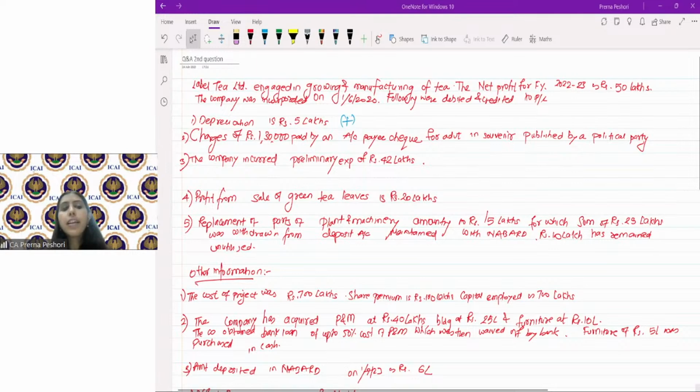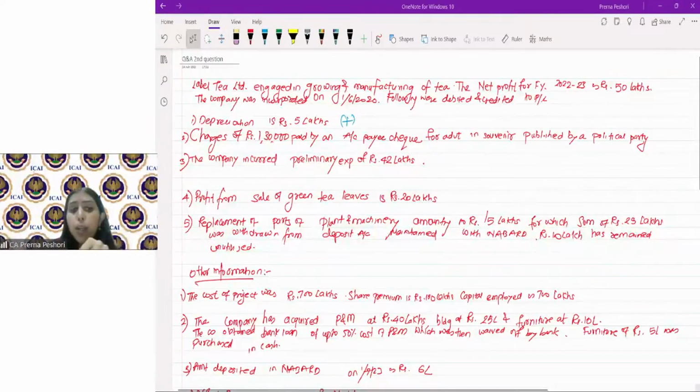So the charges of 1,30,000 which is paid will be disallowed first of all under section 37(2)(b). Section 37(2)(b) prohibits the deduction of any expenditure incurred on advertisement in any brochure, souvenir or pamphlet published by the political party. That is not allowable as deduction.